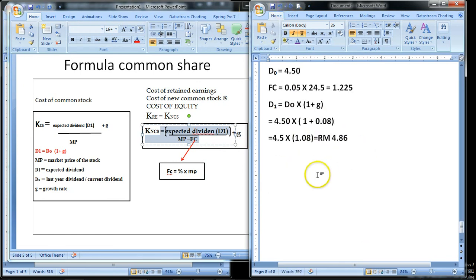Okay, so what is the formula now? Expected dividend, D1, divided by MP minus FC.